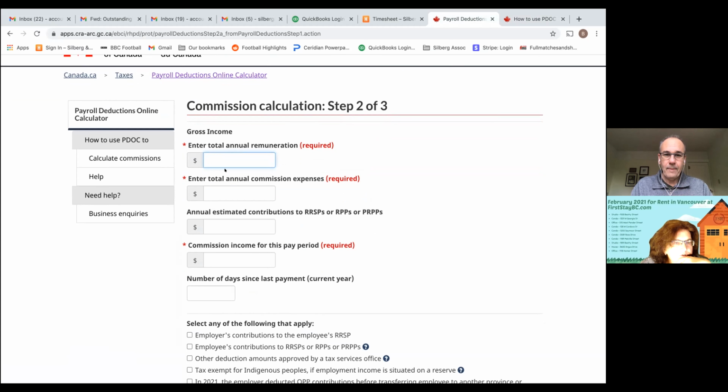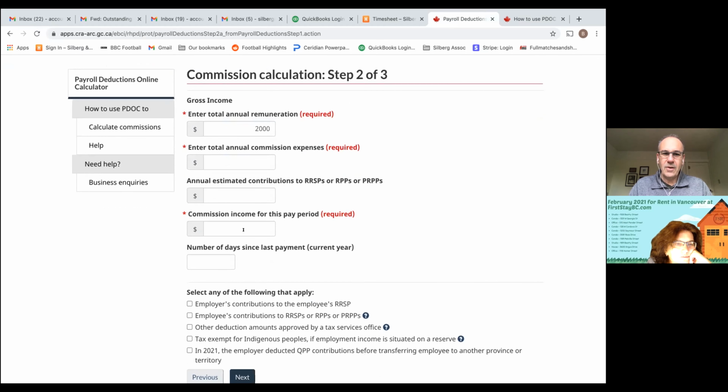Total remuneration. It means prior to what we're doing now, right? Yeah, it's because we have to put year to date. Let's just see if we put 2000 here and none of this. I don't know what this means, the difference. So it looks like for commission, if contribution, probably we don't have it.